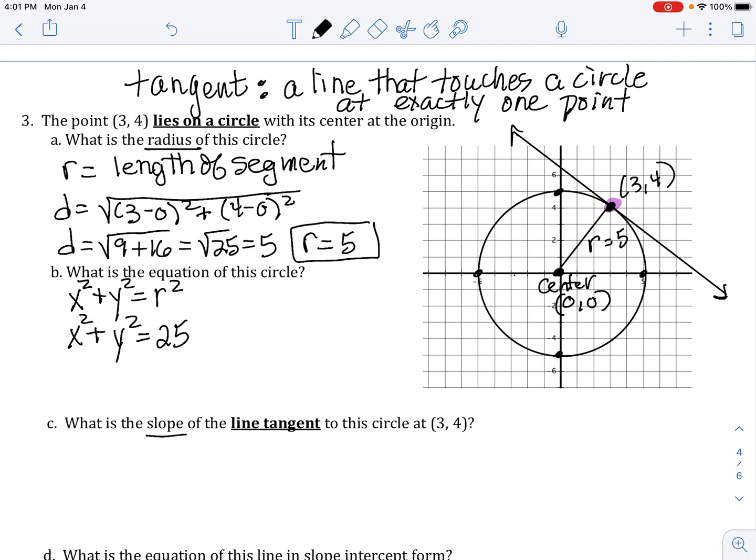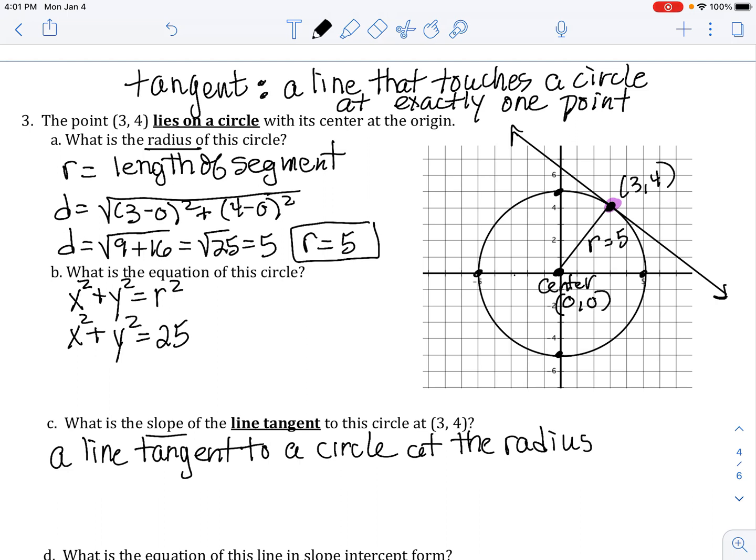In geometry, you might have learned the following property. A line tangent to a circle at the radius is perpendicular to the radius.